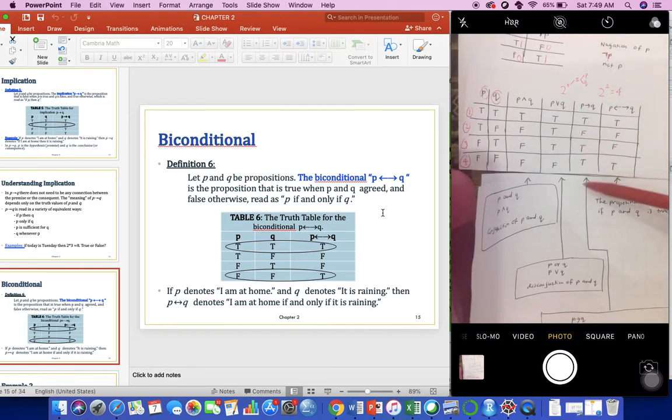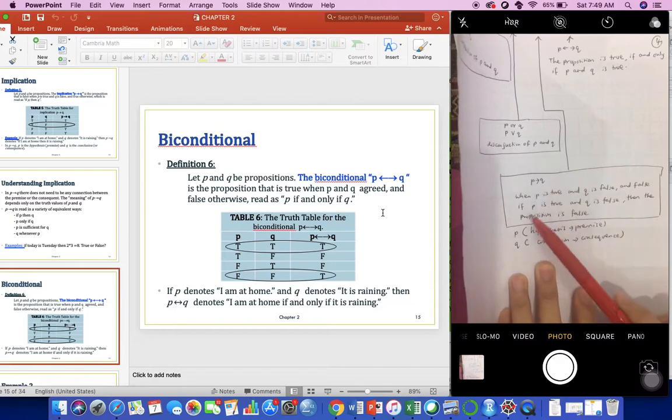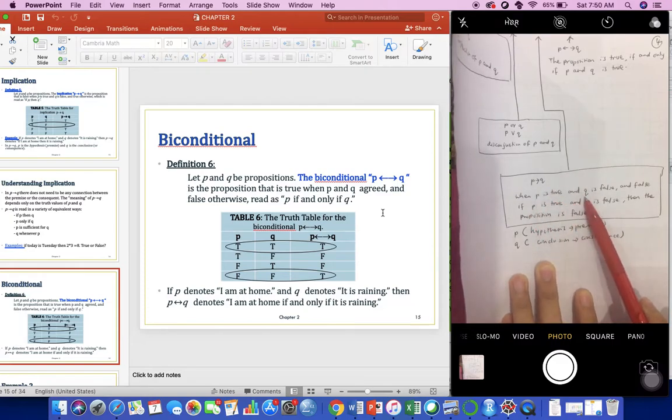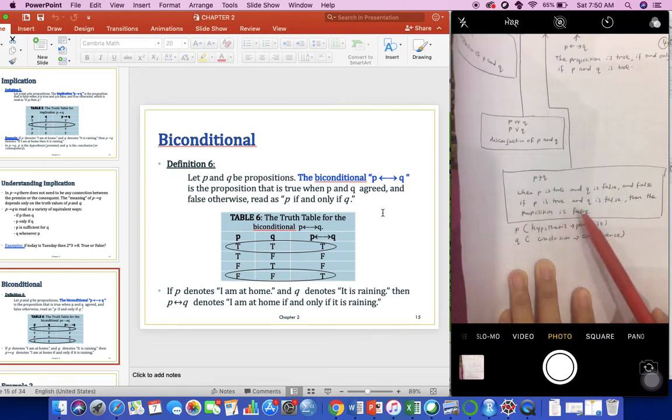So for this one, the arrow is here. When P is true and Q is false, the result is false. Or you can say, if P is true and Q is false, then the proposition is false.